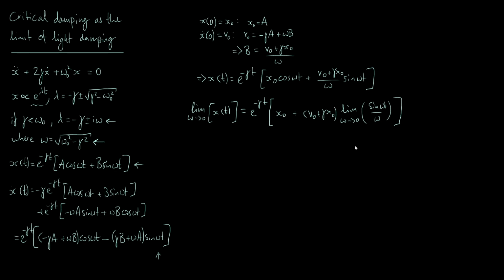There are a couple of different ways to evaluate this limit. One of them is to do a Taylor series expansion for sine of omega t, and you would be able to derive the limit that way. What I'm going to do is use L'Hopital's rule, which is what I did in my previous video as well. So have a look back at that if you need a reminder on how that works.